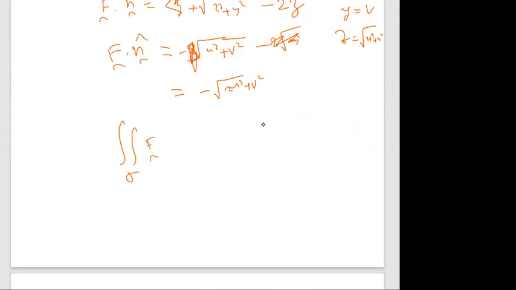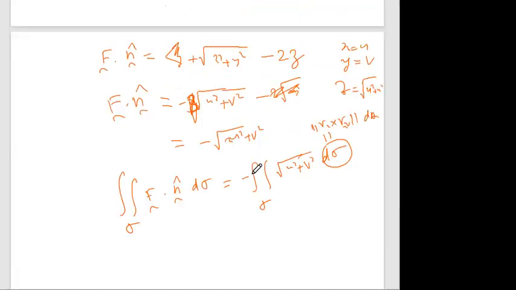Let me rewrite this. So this is T sigma. So I have u squared plus v squared d sigma. All right, now we have the conversion, which is magnitude. So this one plus r v, dA.